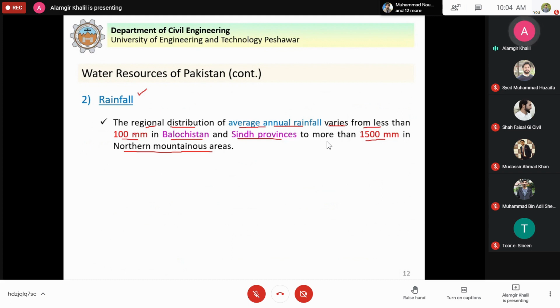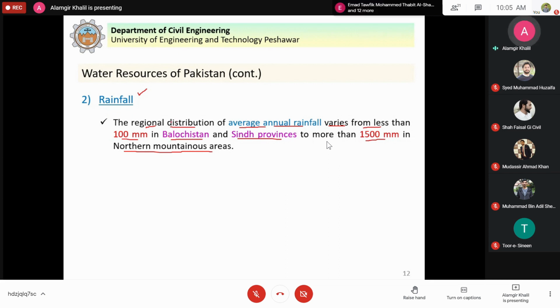You can see a lot of variation in the rainfall. We have less than 100 millimeter in Balochistan and Sindh to more than 1500 millimeter in the northern areas. So this is the reason why we have to artificially supply the water for agriculture purposes.